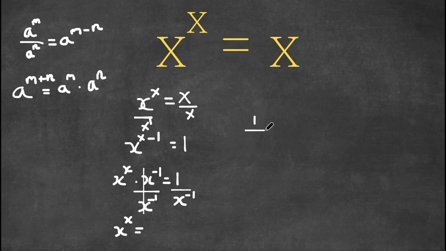This is the same thing as 1 over x to the power of 1, so this would be 1 over x. And 1 over x is simply equal to x. So 1 over x to the power of negative 1 is simply just x. So now we get x to the power of x is equal to x.